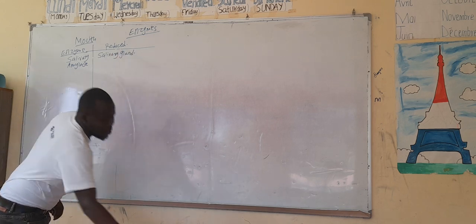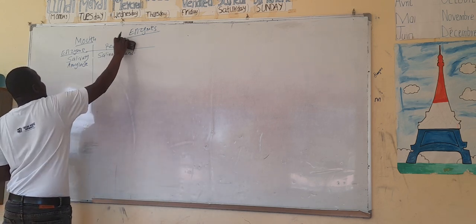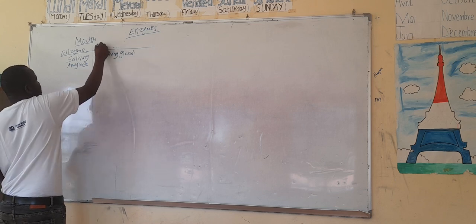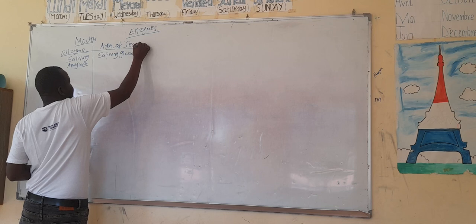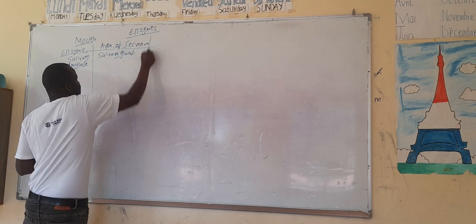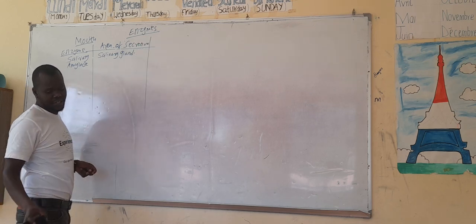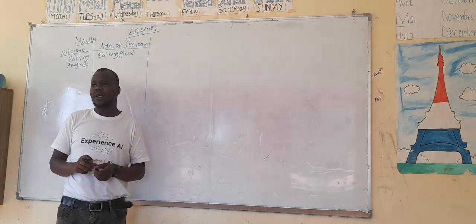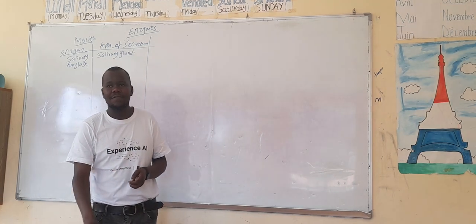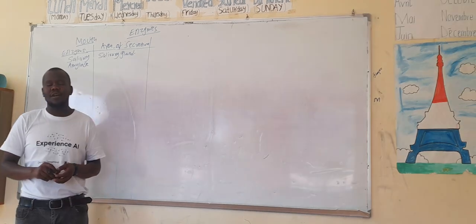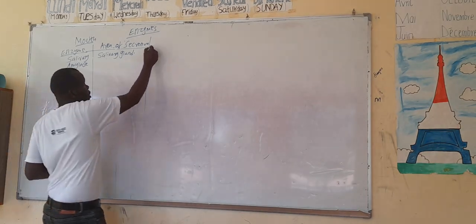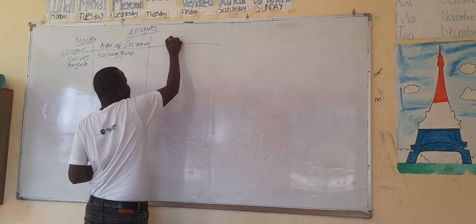We are saying not the area of production but the area of secretion. And we are speaking about the salivary gland. So the salivary gland secretes salivary amylase. What will be the role, or function, of the salivary amylase?